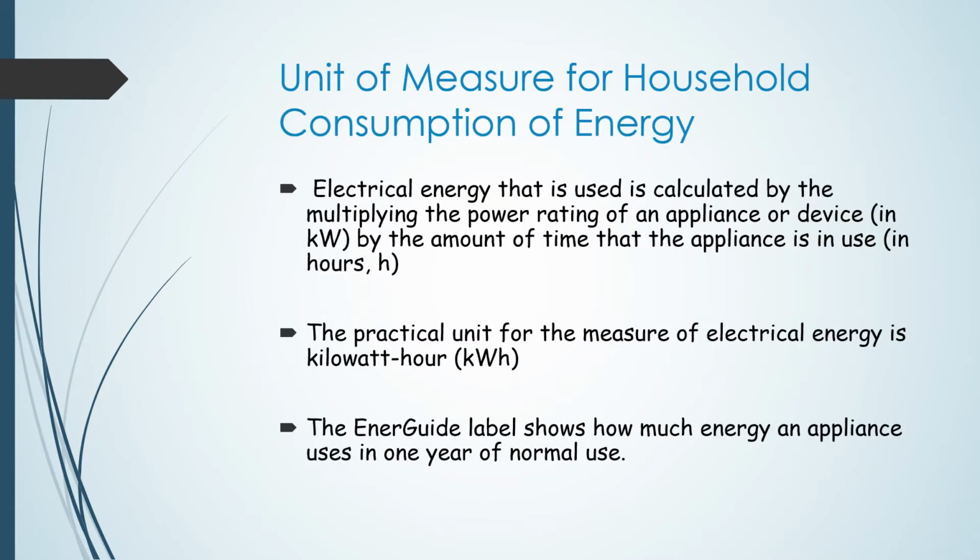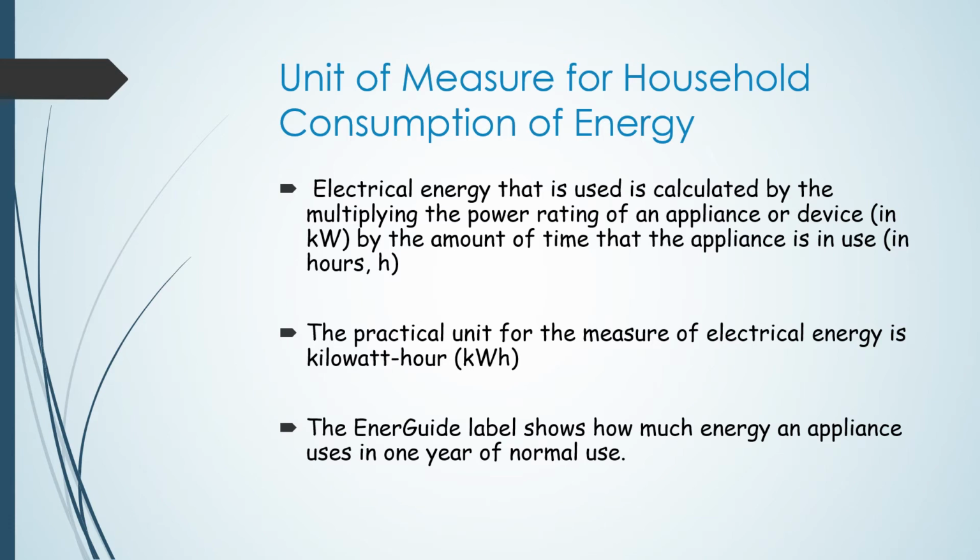So electrical energy that is used is calculated by multiplying the power rating of an appliance or device in kilowatts by the amount of time that the appliance is in use in hours.